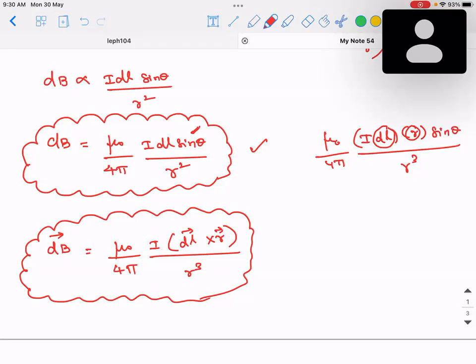What is the important difference? One is that sine theta is eliminated from the numerator. Look at the denominators. When I write it as a scalar quantity, the denominator is r square, whereas when I write it as a vector quantity, the denominator is r cube, provided I write it as dl vector cross r vector. These are the two important points. Make a note of it.